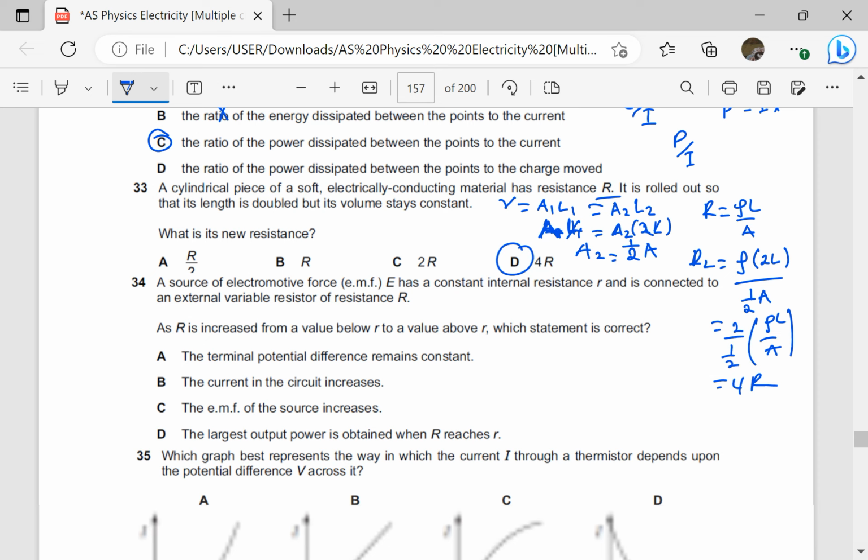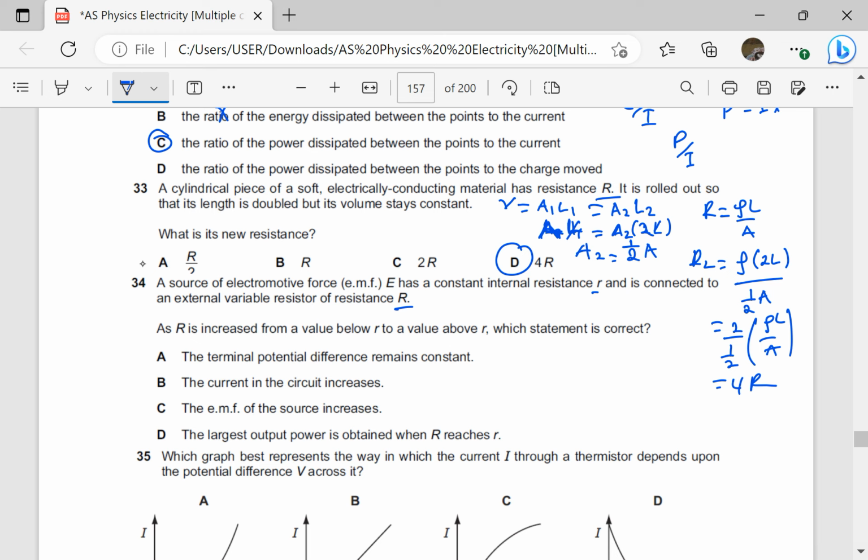A source of EMF has a constant internal resistance R and is connected to an external variable resistor R. As R is increased from a value below R to a value above R, which statement is correct?